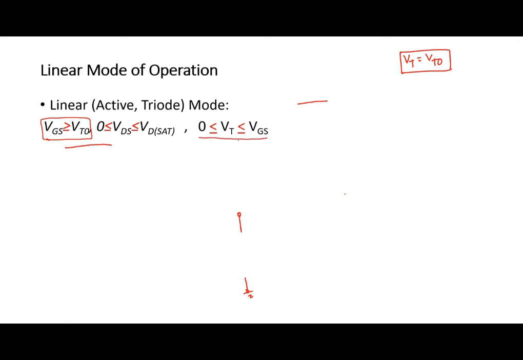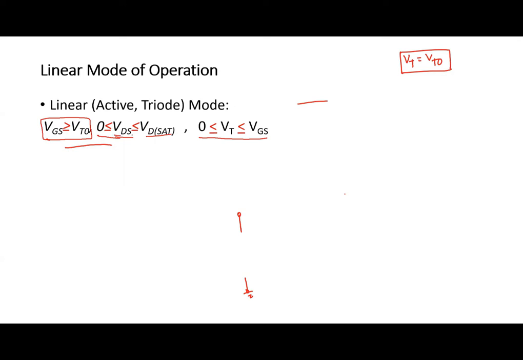But mind you, this is not the only condition. The other condition is that the drain-source voltage is also less than the drain saturation voltage, because otherwise the device is going to be saturated. For a device to be in linear mode, this condition needs to be met.